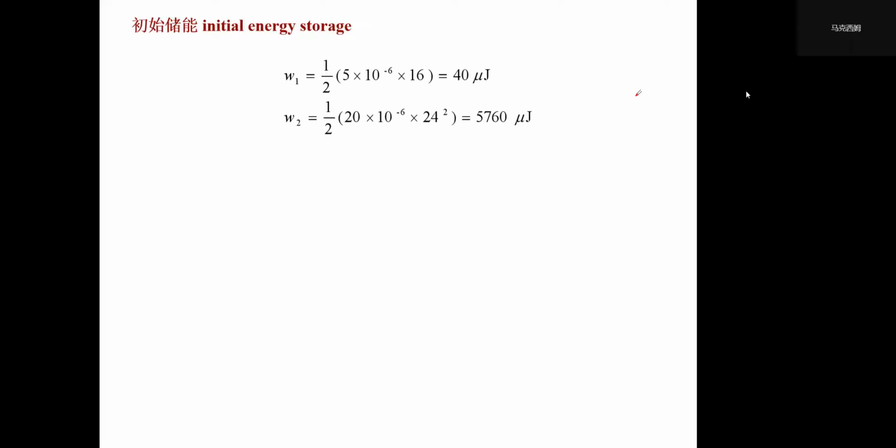Let's see what's the problem. What's the problem? Irfan Haider. So let's see the initial energy storage in this.